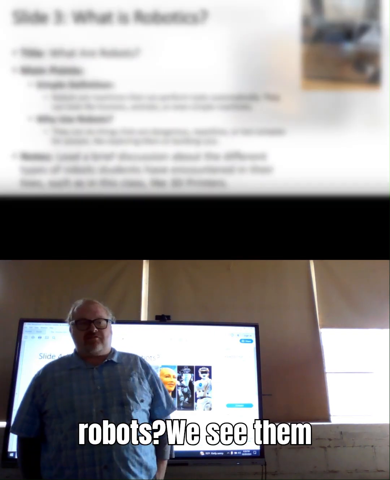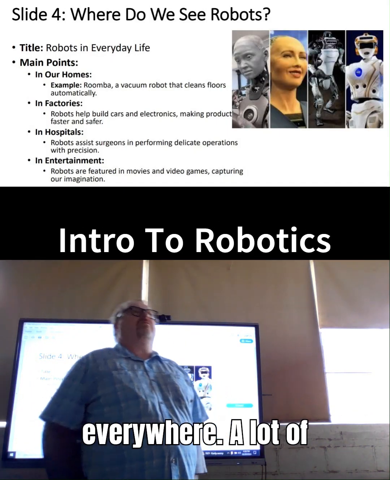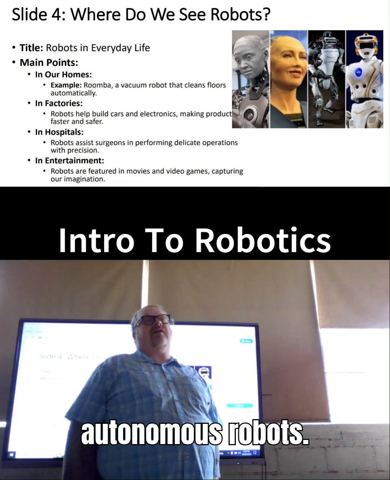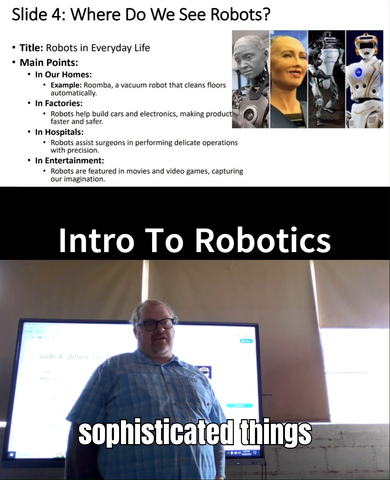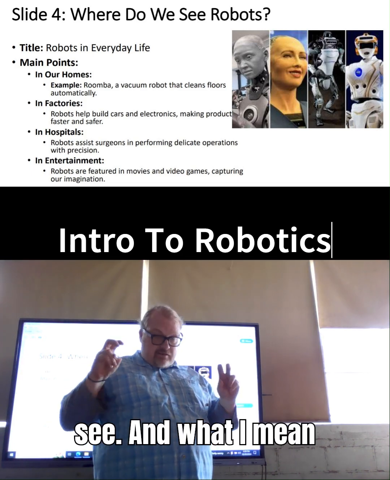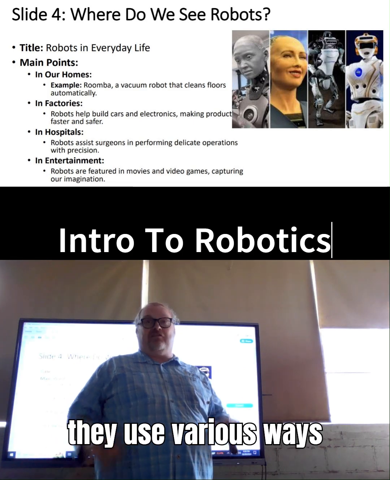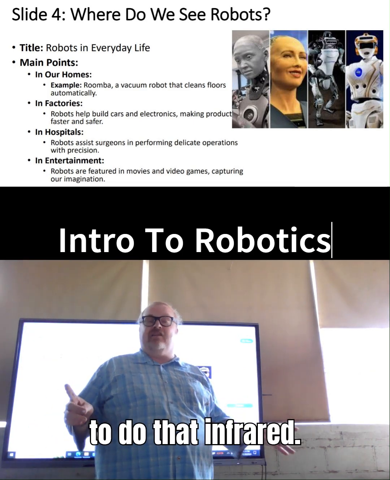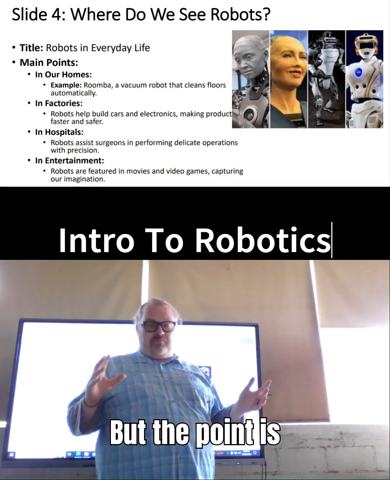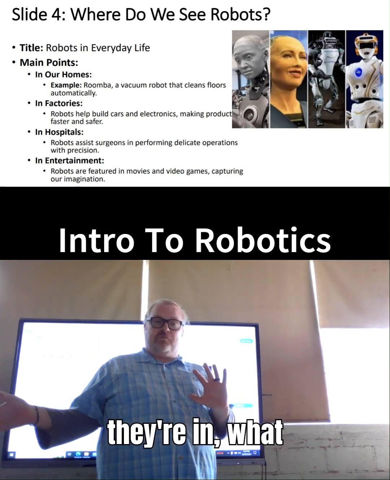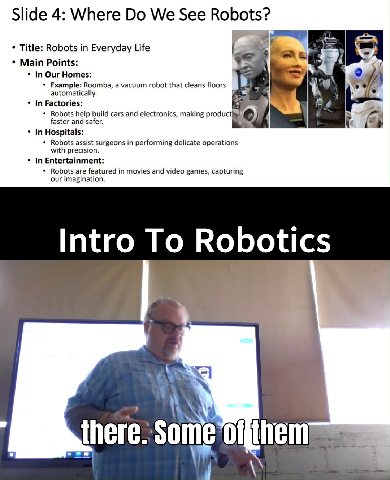Where do we see robots? We see them everywhere. A lot of us have Roombas. Roombas are autonomous robots. They do very sophisticated things, like they are able to see. And why I'm speaking in air quotes is that they use various ways to do that. Infrared, they use ultrasonic, but the point is they're able to determine what room they're in, what obstructions are out there.